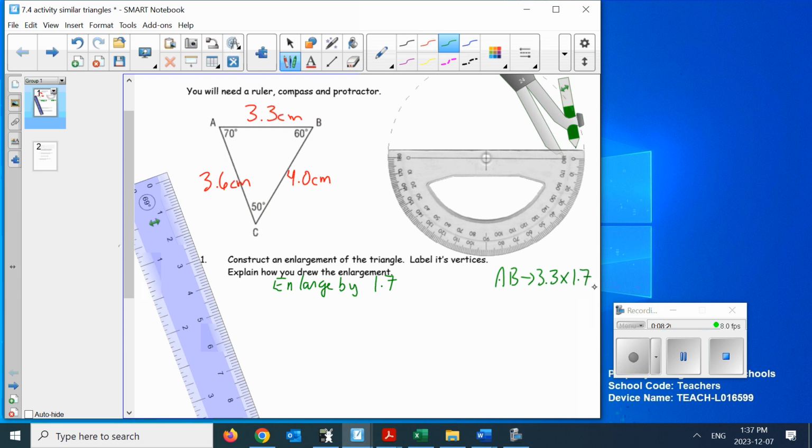That's our multiplier, right? Let's call this DE. What is 3.3 times 1.7? 5.6? Okay, let's go with 5.6, just because our rulers aren't that accurate.